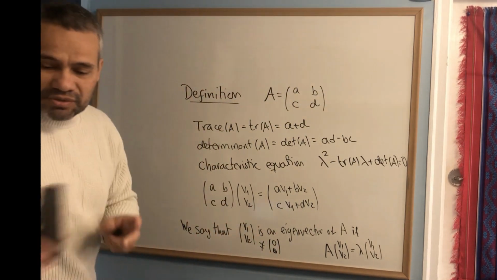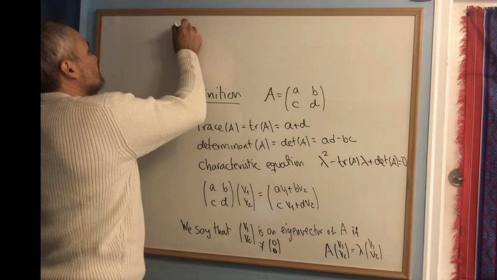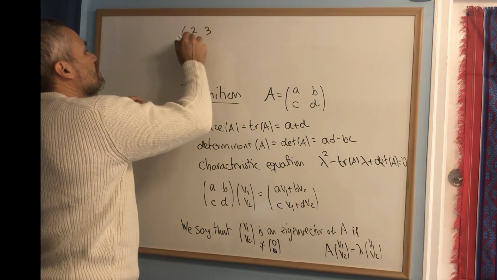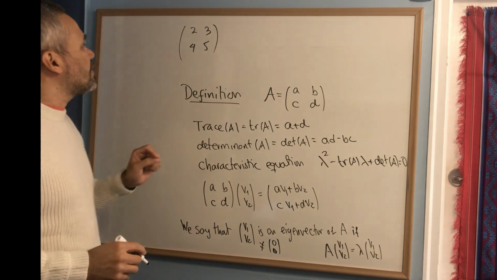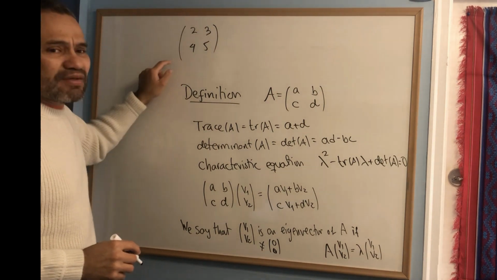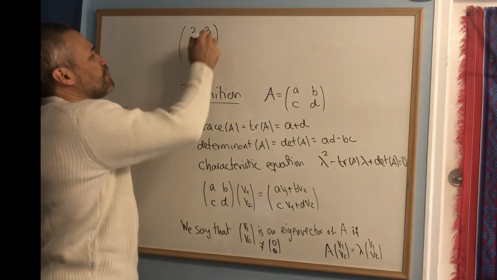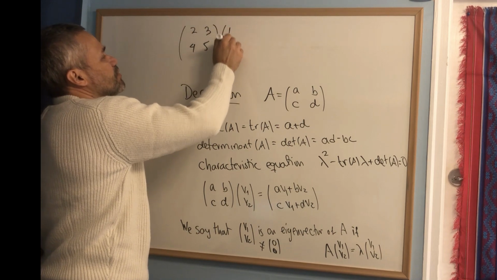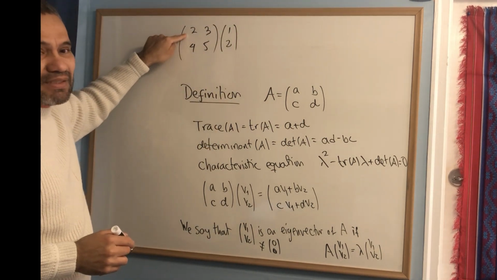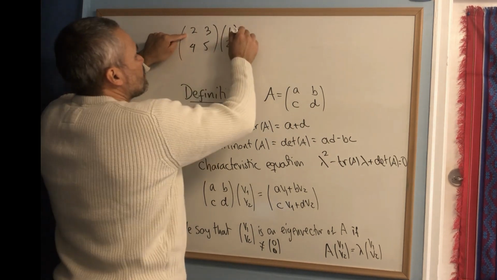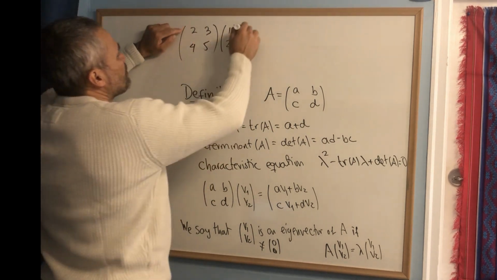Okay, let's do some examples. Let's think about the matrix 2, 3, 4, 5, and let's think about a vector. What vector can I pick? Let's say the vector 1, 2. Then is 1, 2 an eigenvector of this matrix? In order to check that, we do this product. When we multiply, what do we get?